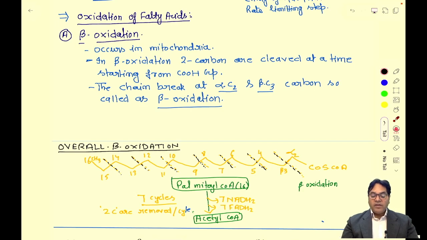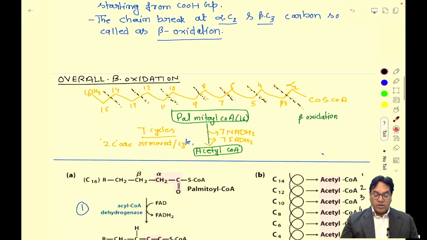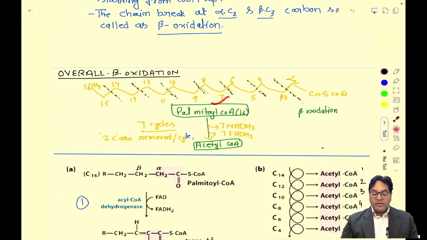This cycle is called beta oxidation because the chain break occurs first of all at the alpha carbon and beta carbon, carbon number 2 and carbon number 3, and that's why it is called beta oxidation rather than alpha oxidation. All right. So in case of palmitoyl coenzyme A with carbon number 16, I am showing you first beta oxidation starts from this place, and then second, third, fourth, fifth, sixth, seventh, like this.